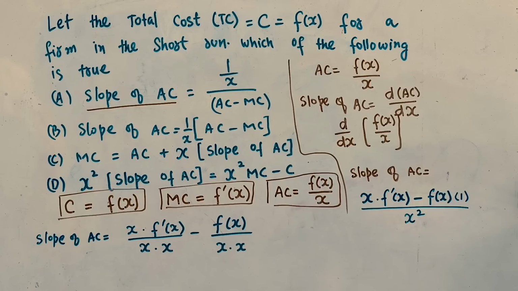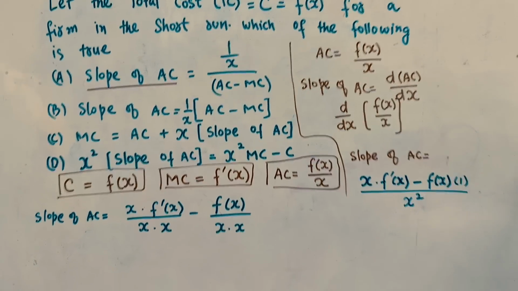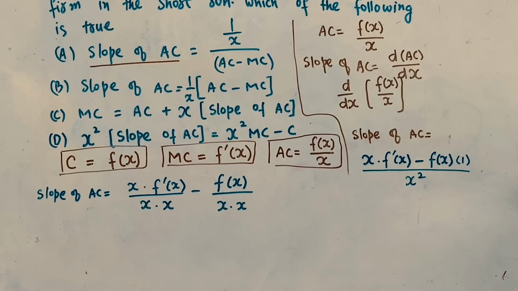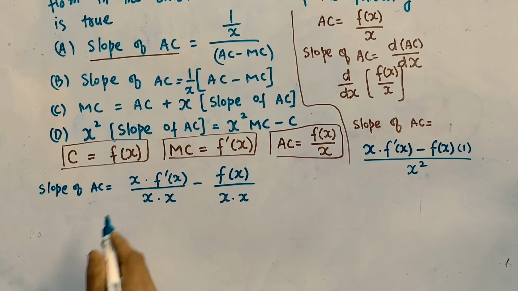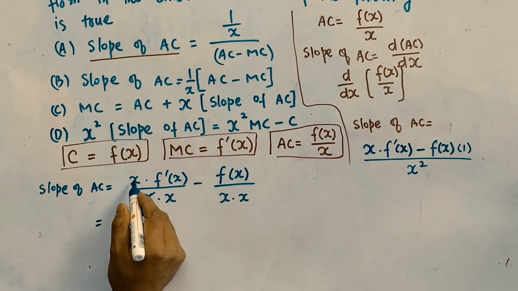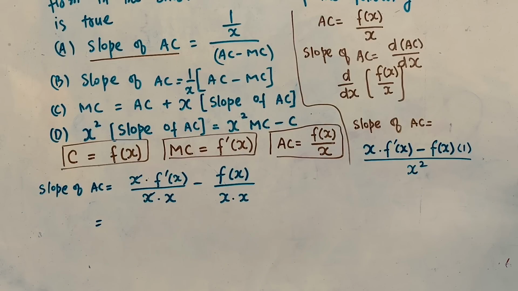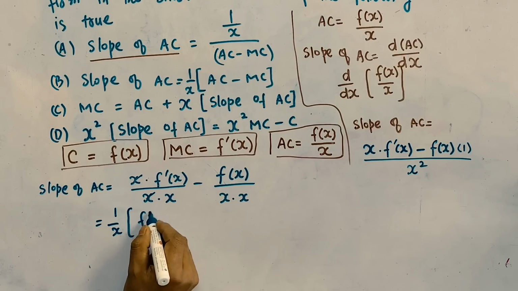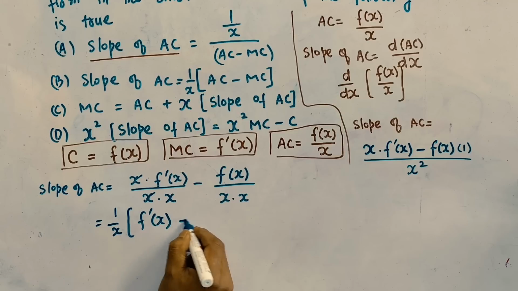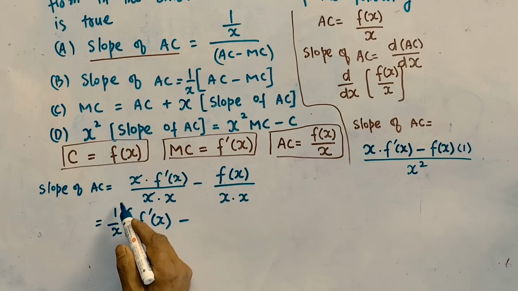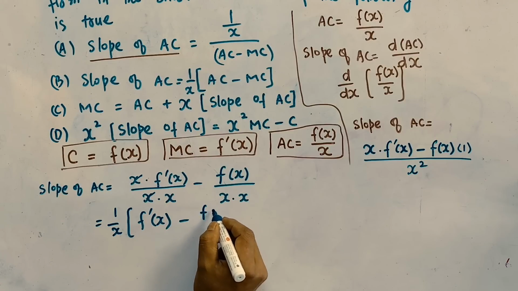This x gets cancelled, and taking 1 upon x common, we are left with f prime x minus f of x upon x.